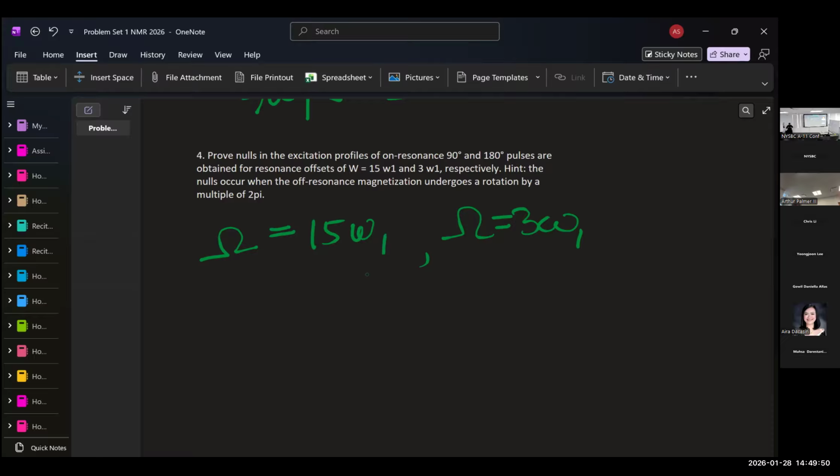It's as though you did nothing with the pulse. The hint tells you that will happen when the rotation is a multiple of 2 pi, which means the magnetization did a certain number of full circles.